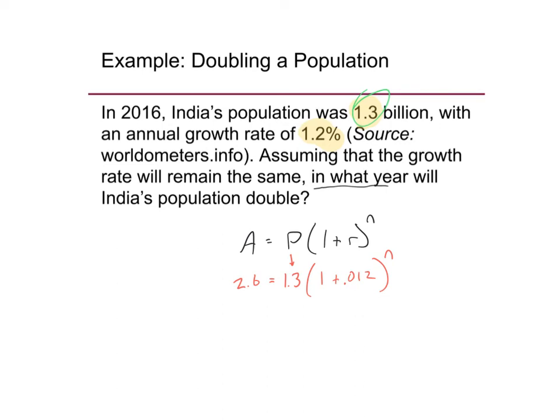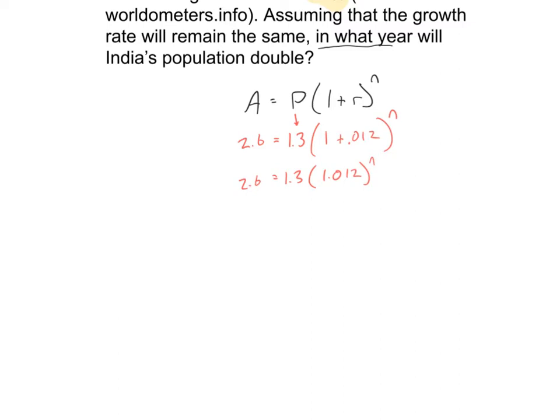So to solve this equation, I can add what's in the parentheses first. 2.6 equals 1.3 times parentheses 1.012 to the nth power. Here's where some students will make a mistake, so make sure you're listening to this step. Do not distribute, do not multiply 1.3 and 1.012. That is not correct.